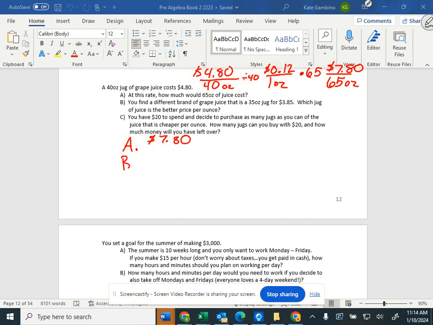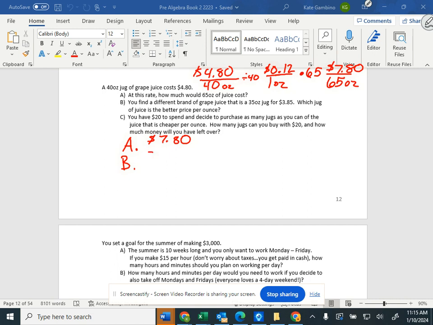So now let's look at B. You find a different brand of grape juice that is a 35-ounce jug for $3.85. Which jug of juice is a better price? So we need to find the price per ounce for that 35-ounce jug.